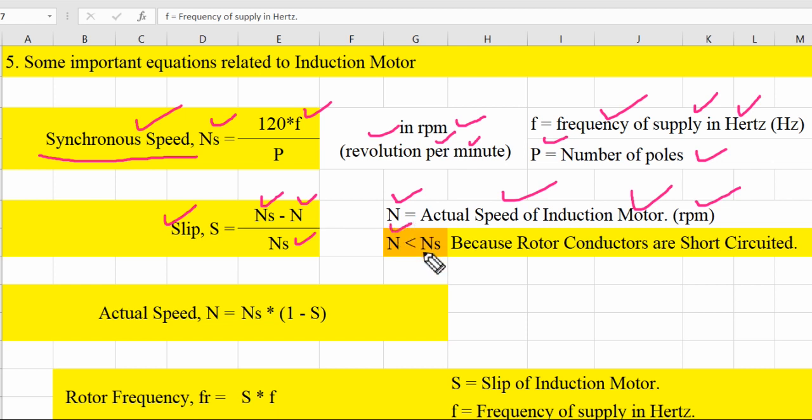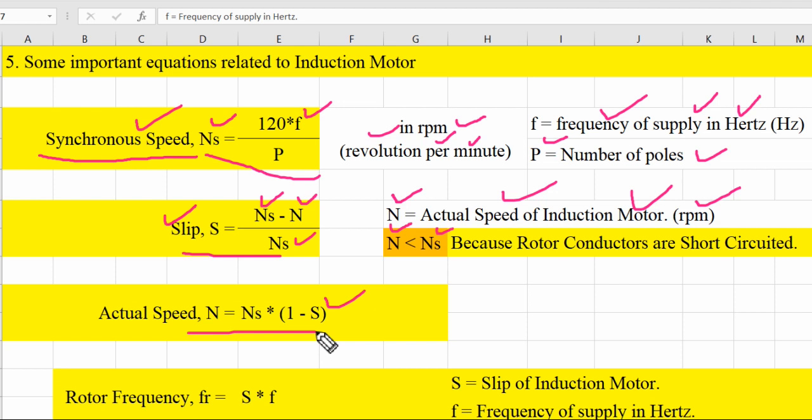The actual speed of an induction motor is always less than the synchronous speed because of the short circuited conductor in the rotor. The actual speed can be evaluated if you know the slip: N = Ns(1 - s). These three formulas are the most important for solving problems related to the induction motor.